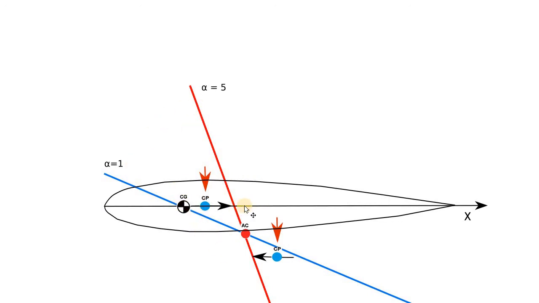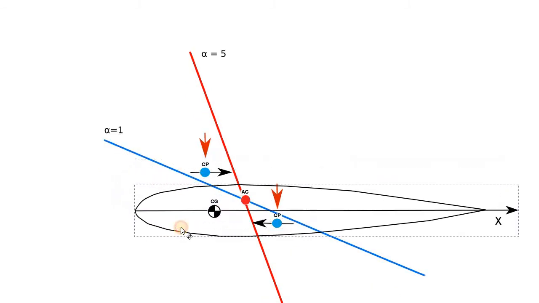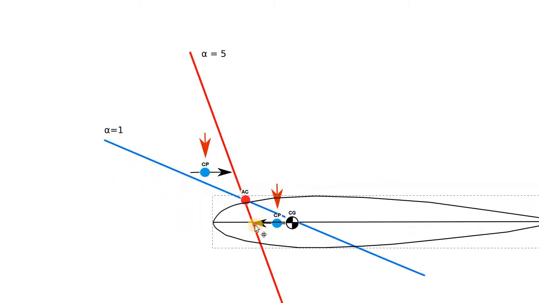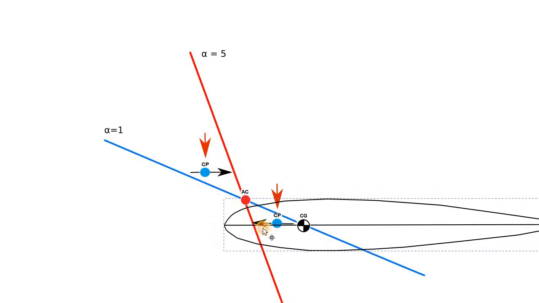In that case, the airfoil is stable, and we don't need to add any extra surfaces like tails and so on. So this is the first airfoil that you can use for flying wings, and the second type is when the opposite happens. If the airfoil is located here, this is not a useful airfoil for our purposes.